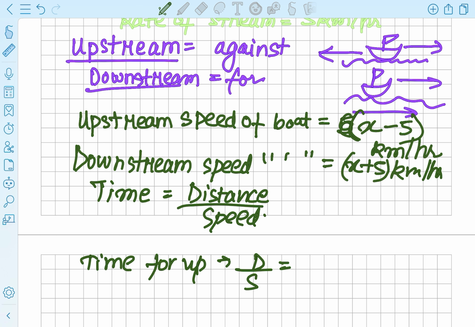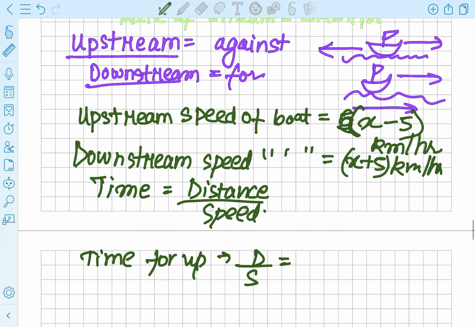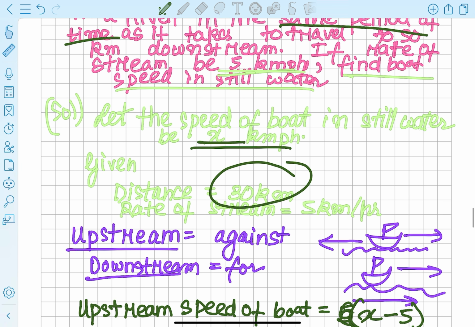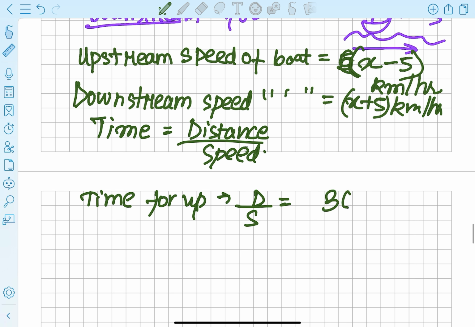What is the distance? It's already given, right? Yes, distance is 30 kilometers. What is the speed for upstream? Where is the stream for upstream? Upstream speed is x minus 5 kilometers per hour. So 30 by x minus 5. All right, this is our equation 1.